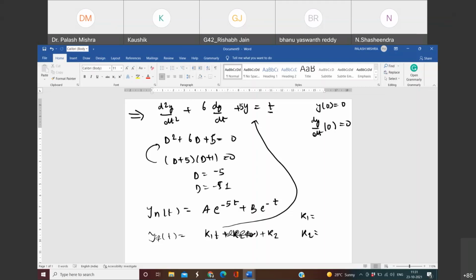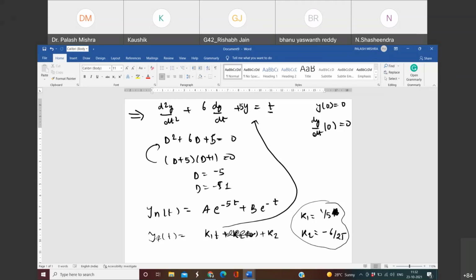K1 is 1 by 5. Okay. K2 is minus 6 by 25. Yes, sir. Okay, I'm assuming that this is correct. I don't know the answer for this.